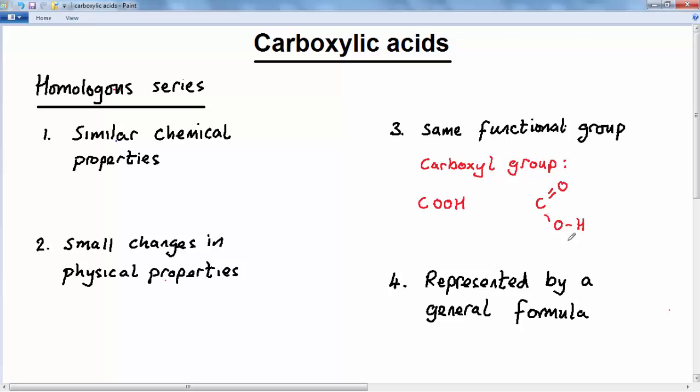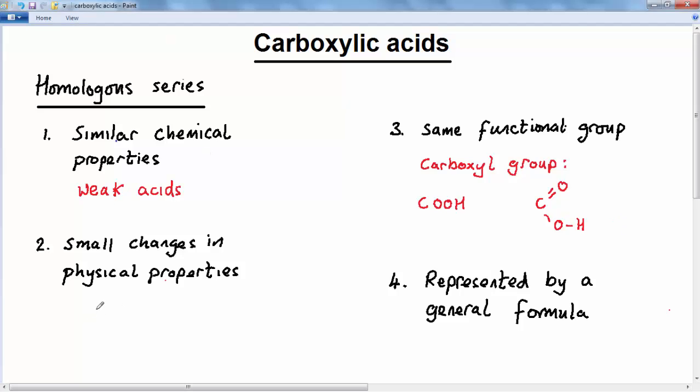Okay, so this group dictates its chemical properties. This group is able to ionize in water like that to produce hydrogen ions. It does so weakly, so that makes it a weak acid. So with regard to the chemical properties of the carboxylic acids, obviously they are acids, they are weak acids. Okay? They form weak acids when dissolved in water.